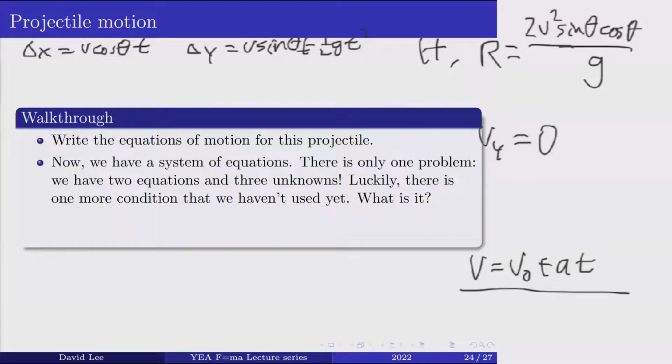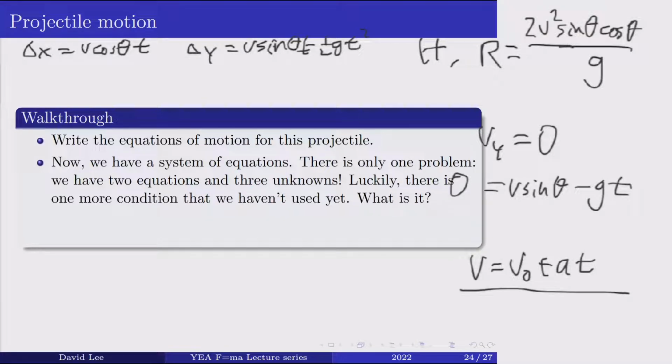So let's see, what is our V0? Well, we decided that it's V sine theta. And our A is negative G. And we just reasoned that our V final should be 0.